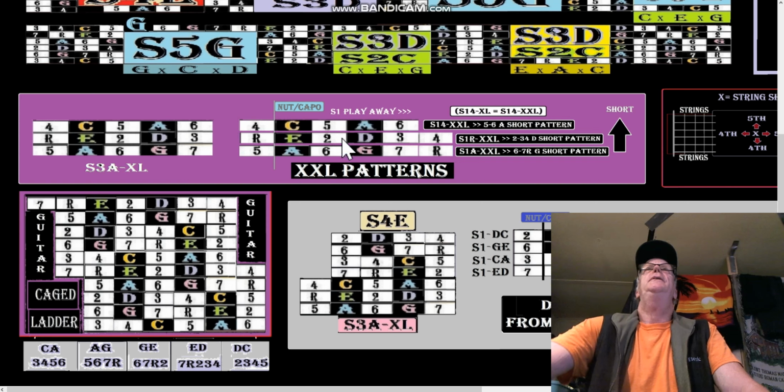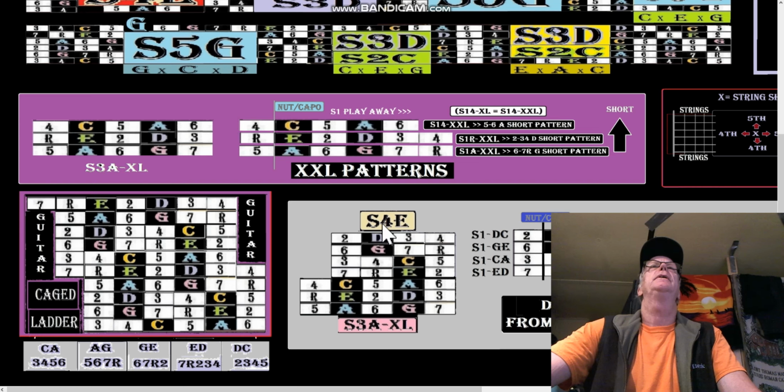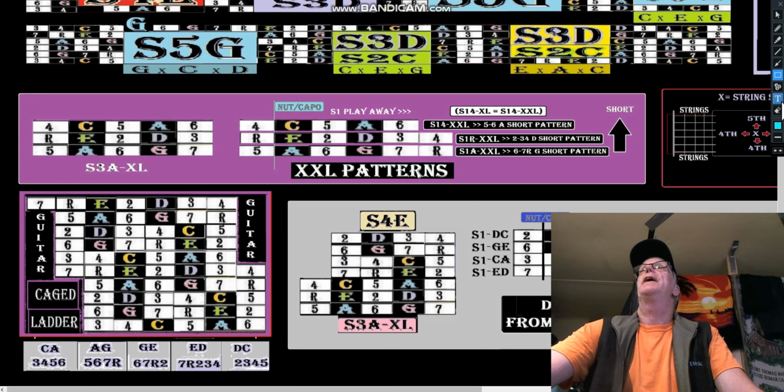Okay, with that said, we'll continue the lesson. Now, we were looking at the S3AXL. This is the long pattern. Let's review a second.